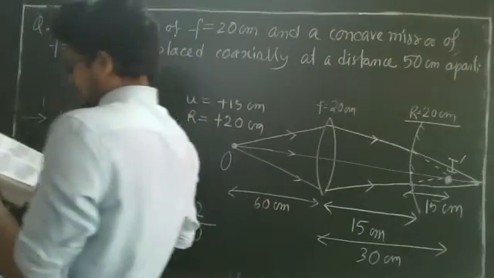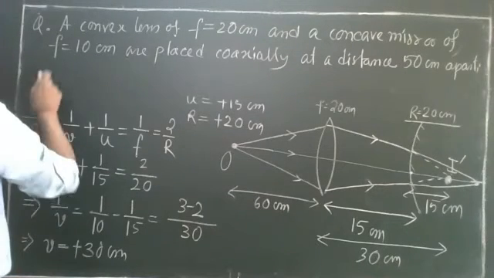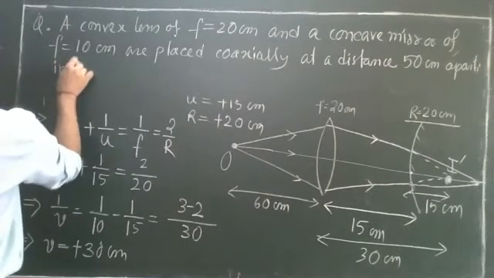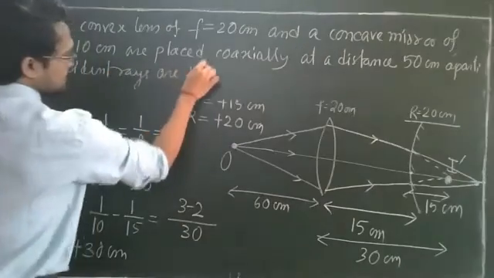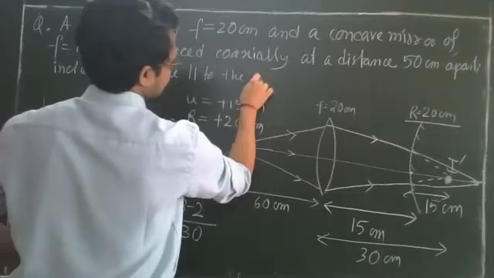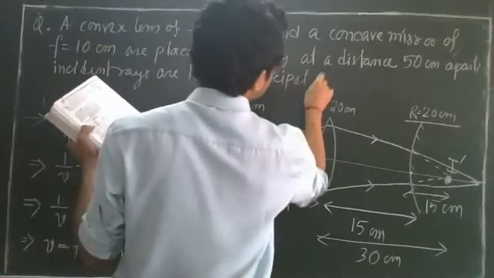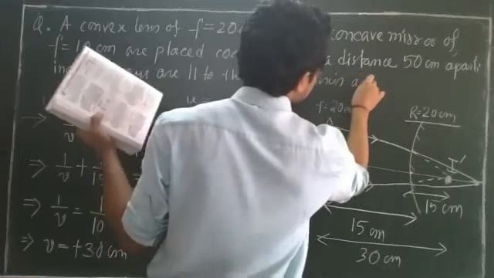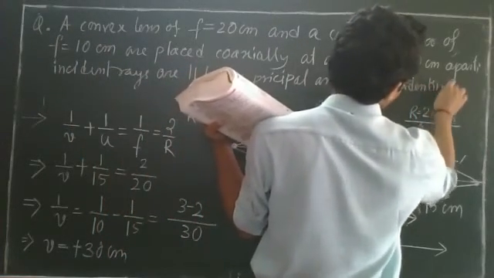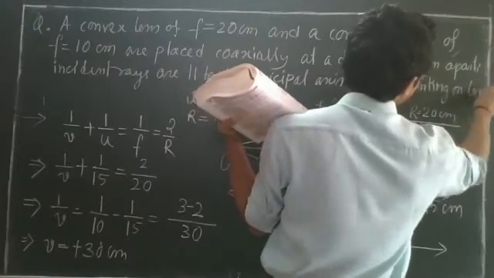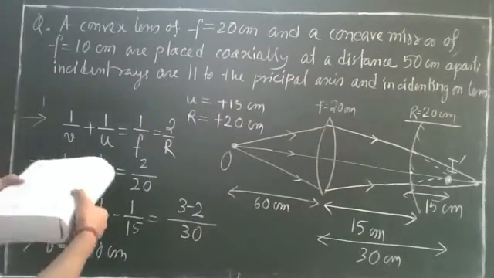Here incident rays are parallel to the principal axis and incident on the lens. The question is: locate the position of the image formed.